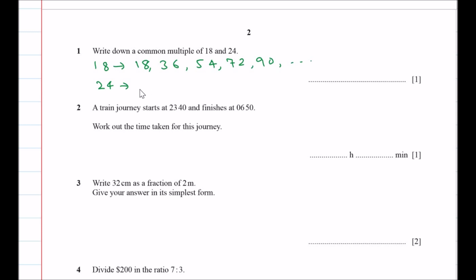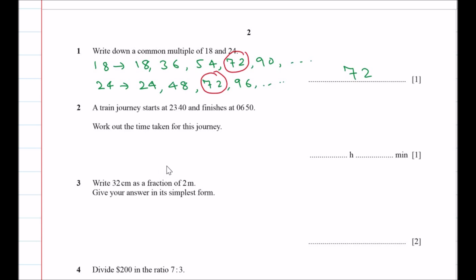So we get 24, 48, 72, 96 and so on. Now here easily we can see that we have a common multiple, that is 72. So our answer will be 72.